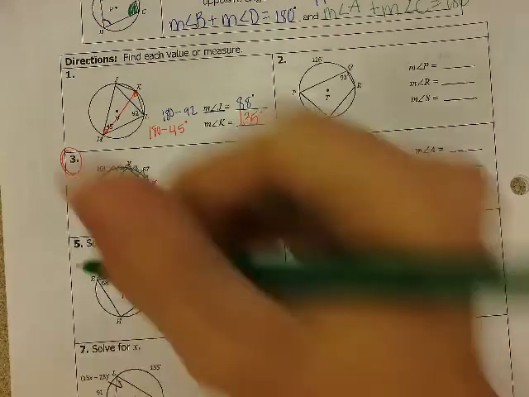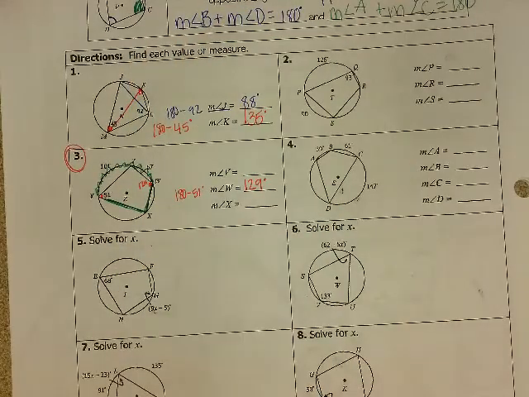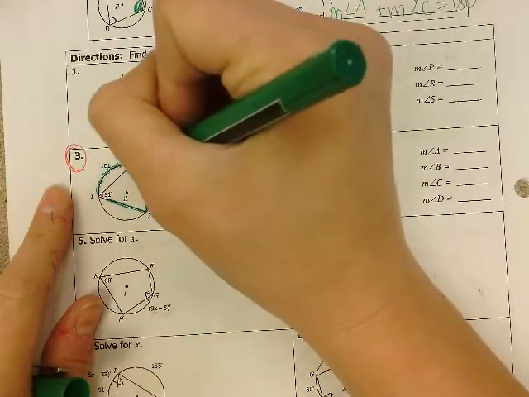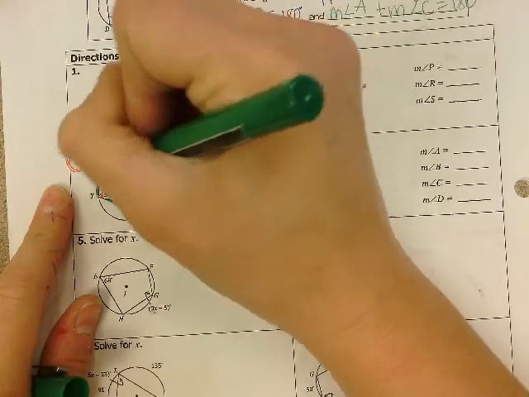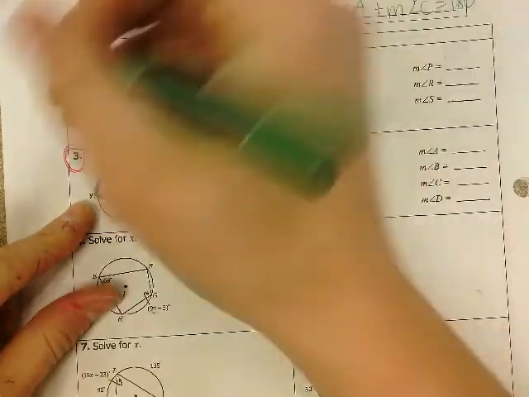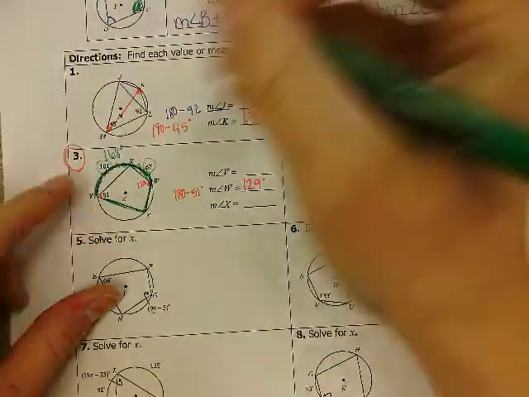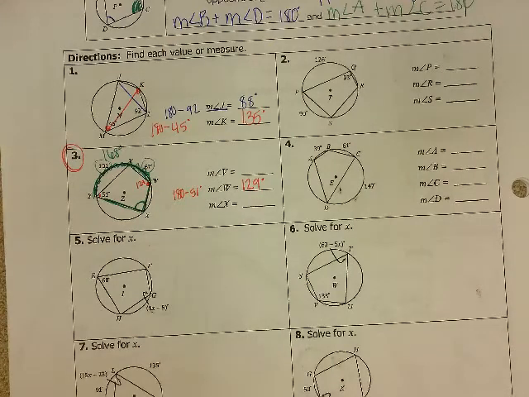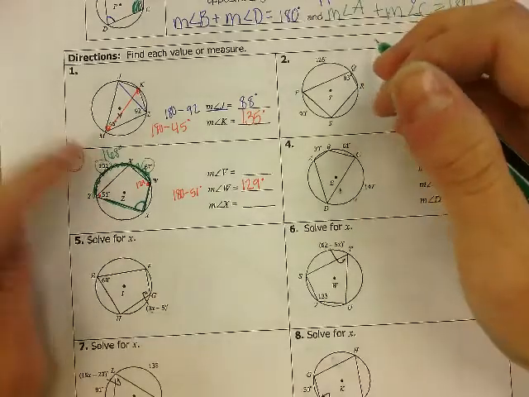This is an inscribed angle. Inscribed angles are what? What's their relationship with the arc? Half the arc. What's the measure of this arc? 168, right? I just add these two together. So then what does that make angle X? 84 degrees, right? I cut that in half.